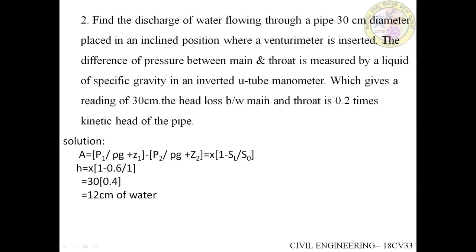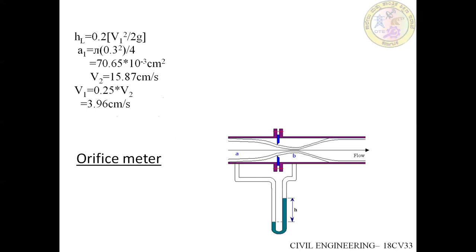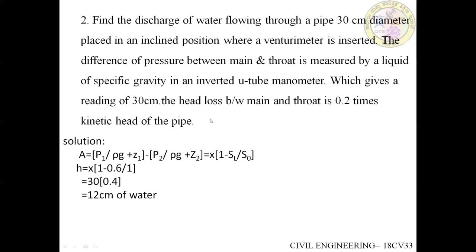So the formula is like this. You can calculate the H value, which is X into 1 minus SL by SH. SL is the lighter liquid, the liquid flowing, and SH is the heavier liquid. So you will get the H value as 12 centimeters of water. Also, in the problem HL is 0.2 times the kinetic head.